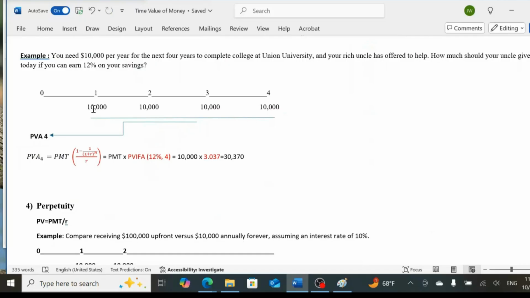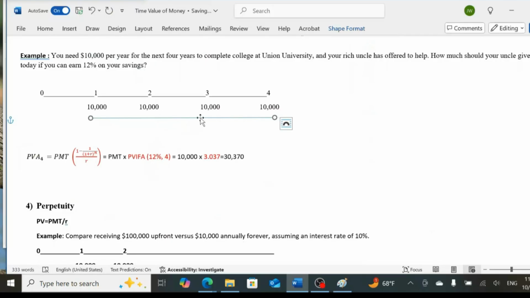$10,000 at the end of the year for the next 4 years. And his rich uncle said, "Oh, no problem. I will provide. I will take care of your needs.